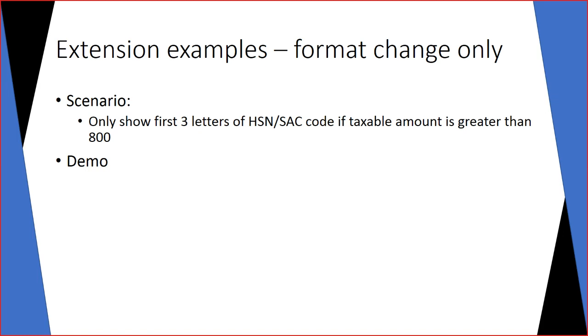Currently, in the Microsoft provided configuration, we provide the full HSN and SAC code, while for some business requirements, you probably only need the first several letters. So let's go to the system to see what you need to do to achieve this.